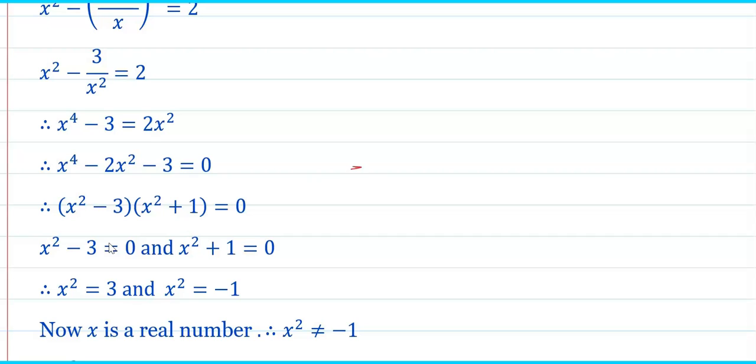Again, what are the factors? The factors are here x raised to 4 minus 3x square. Next is plus x square minus 3, and that is equal to 0.